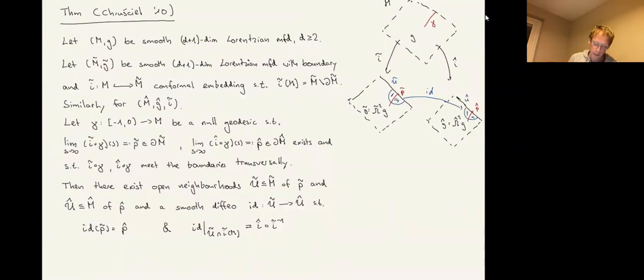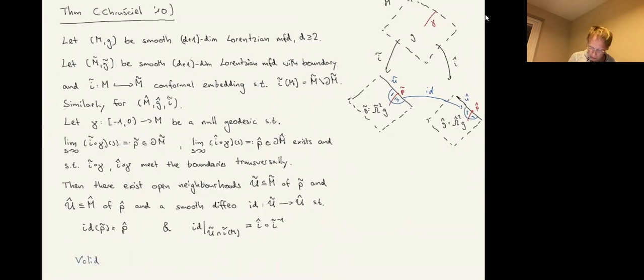However, here I've stated everything in the smooth category, but Piotr also mentions that everything remains valid for G tilde and G hat in C^{1,1}_loc. And we also only need that the boundary extensions M tilde and M hat are only C^{2,1}_loc manifolds with boundary. Then the identification map, the diffeomorphism relating u tilde and u hat, is then only C^{2,1}_loc regular.